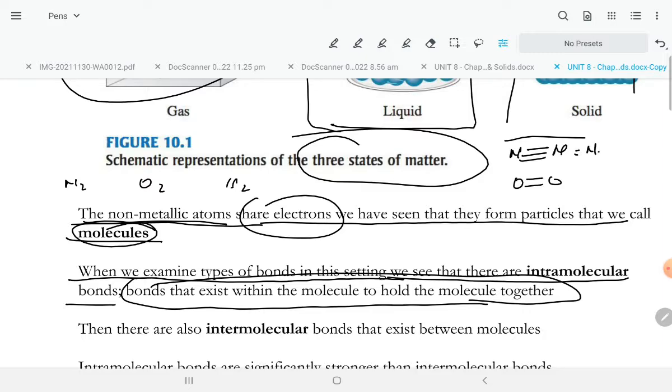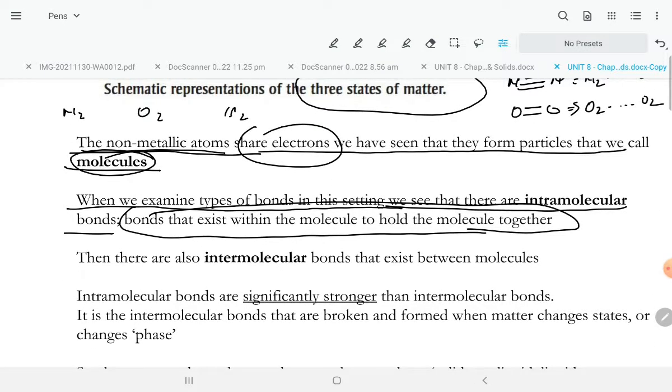Now what bond will be there between two molecules of nitrogen, or two molecules of oxygen that we are talking about? That is known as the intermolecular force of attraction.